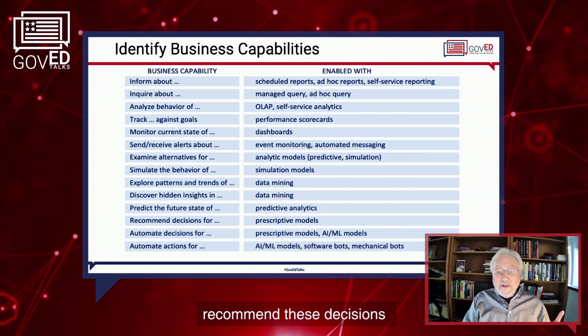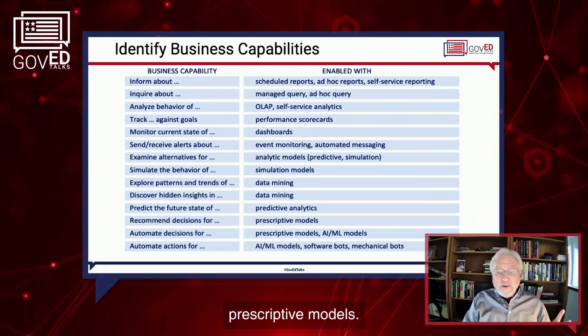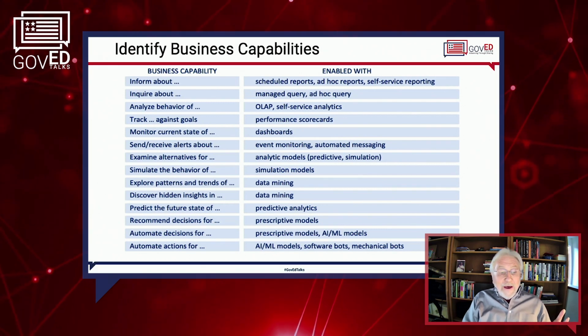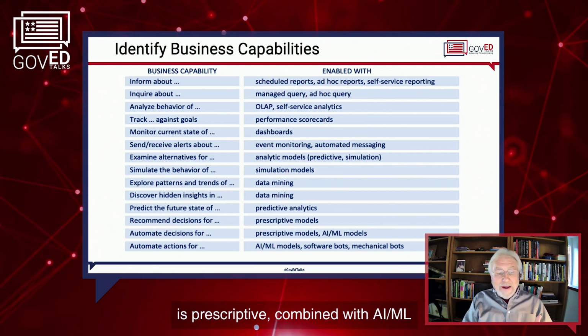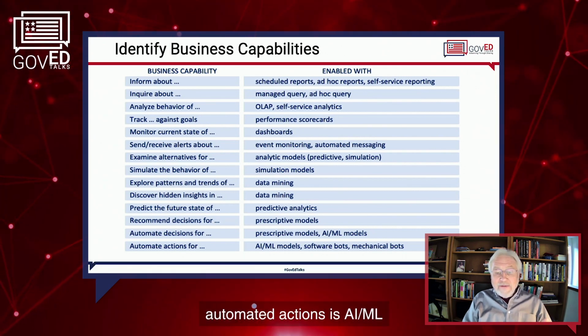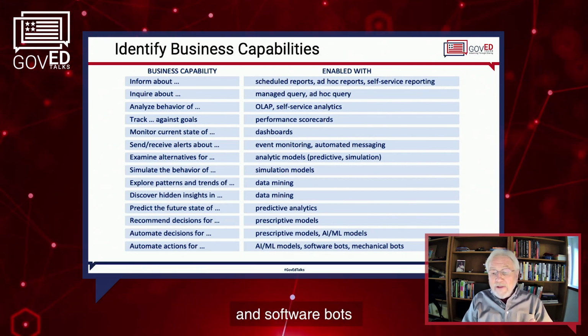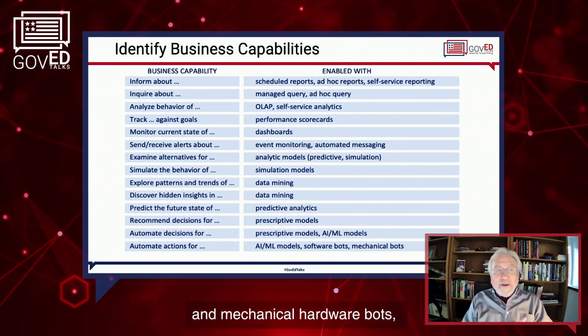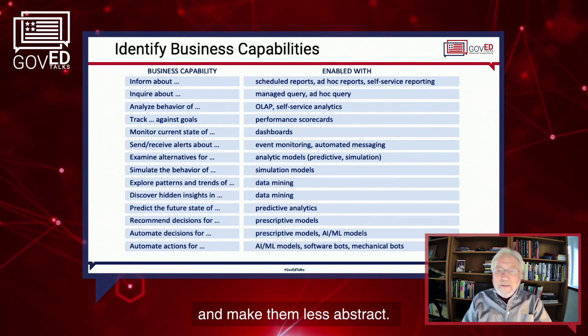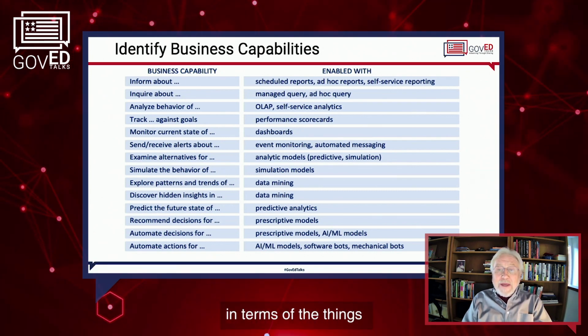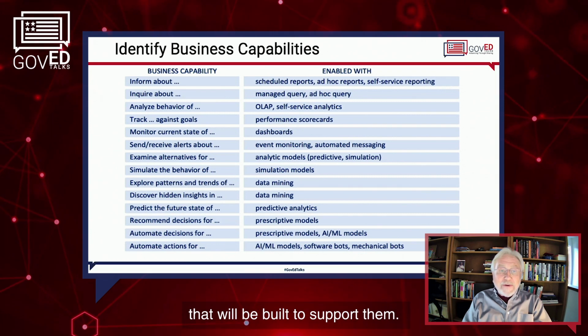Recommend decisions is prescriptive analytics, prescriptive models. Automating decisions is prescriptive combined with AI/ML. Automating actions is AI/ML and software bots and mechanical or hardware bots. So we can begin to make sense of these capabilities and make them less abstract by thinking about them in terms of the things that will be built to support them.